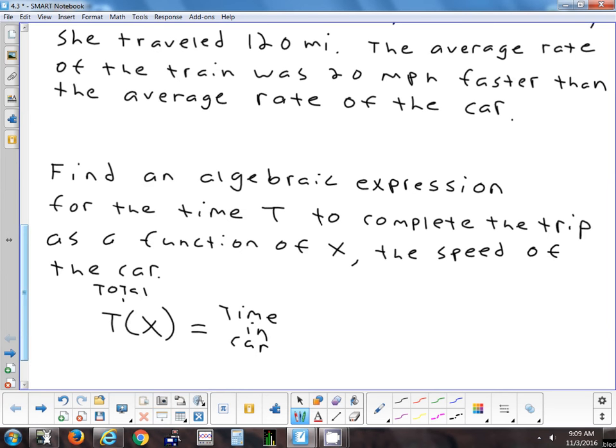So you'll add the time that was on the train. We have to take the time that she's in the car plus the time on the train. That's basically our formula. Now we need to figure out, using the numbers in the problem, what's the time in the car? What's the time on the train?